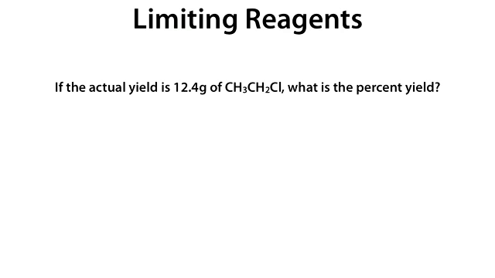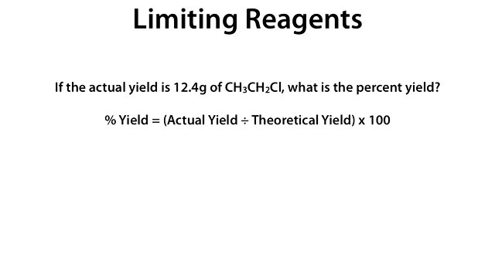Next, we're asked, if the actual yield is 12.4 grams of CH3CH2Cl, what is the percent yield? So we're dealing with the same problem, but now we're asked if the actual yield is 12.4 grams of CH3CH2Cl, what is the percent yield?